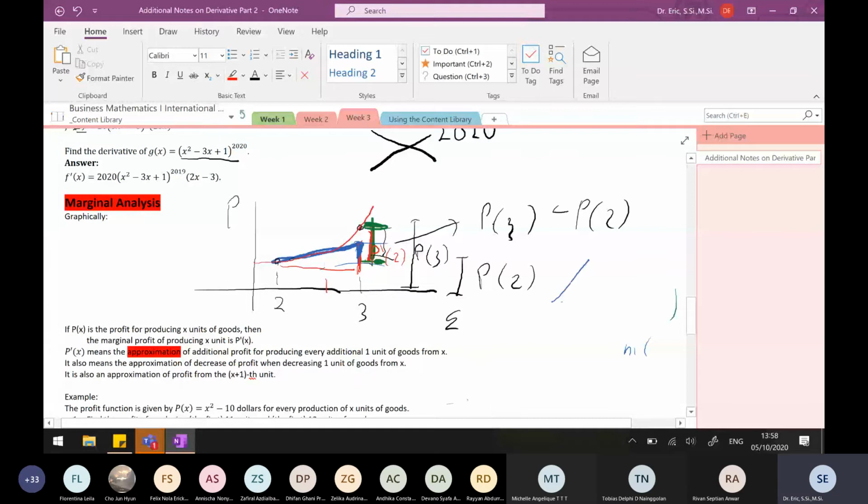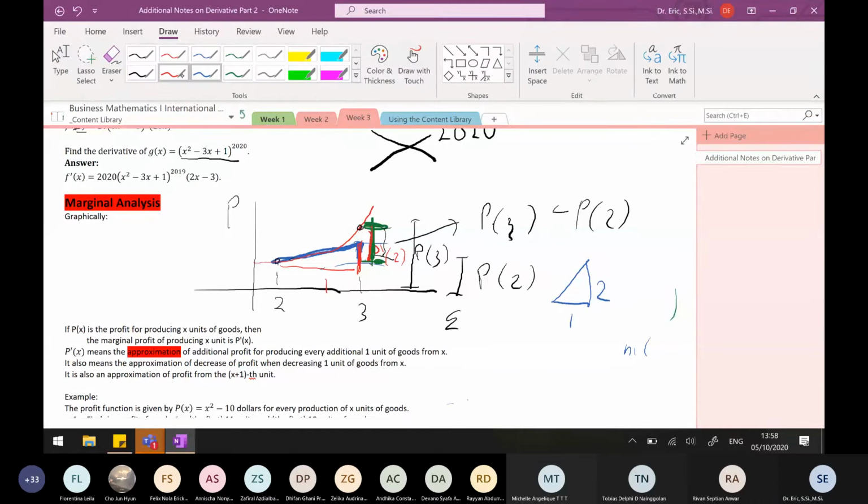If you increase by 1, it increases by 2. And the same, if you decrease by 1, it will decrease by 2, because this is the same slope.